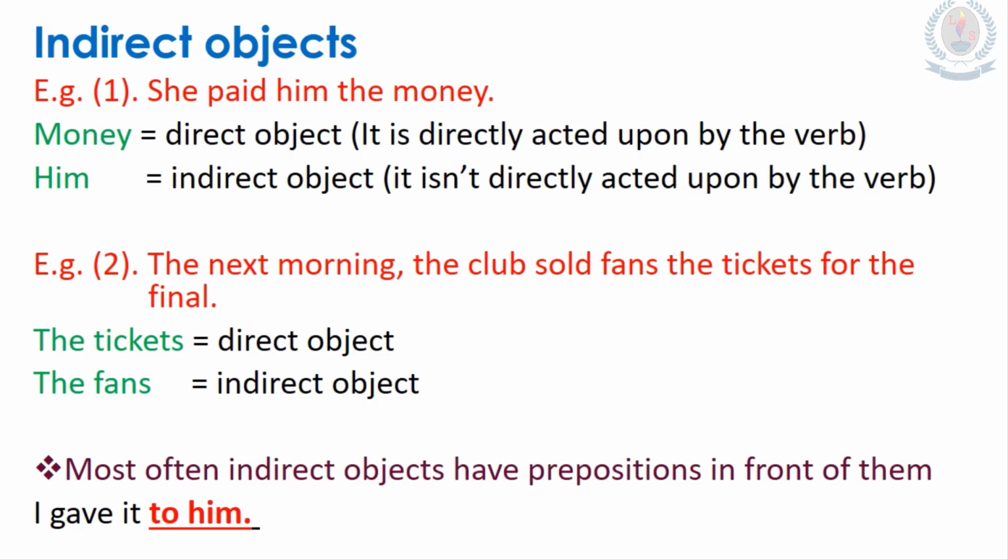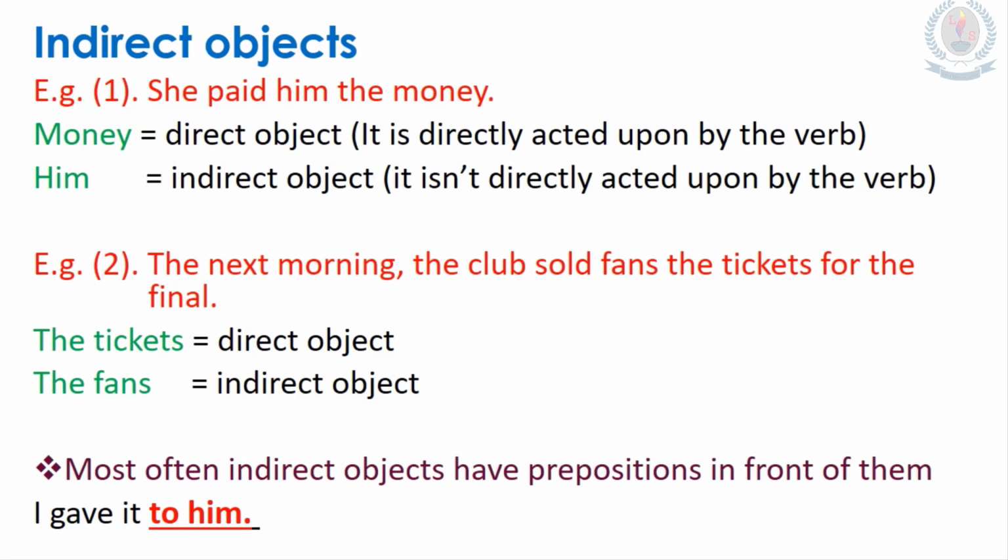Then the verb is giving the answer, money. Then money is the direct object because it is directly acted upon by the verb. Right? Next one. Him. Him is the indirect object of this sentence because it isn't directly acted upon by the verb. Right?